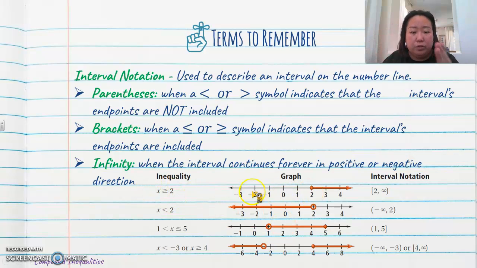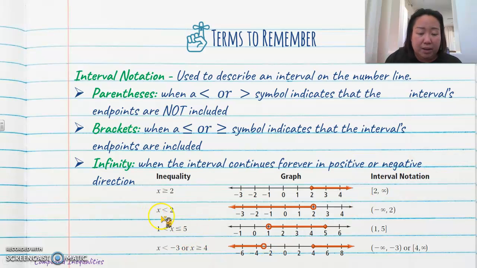You always start from the left side of the graph. It is a solid dot on 2, and so as you can see, we have a bracket on 2 because it's a solid dot. And where does it go? It's pointing to the right, so it's going to the positive infinity direction, and the infinity is always closed by a parenthesis. So your parenthesis is with hollow dots and with infinity, okay?